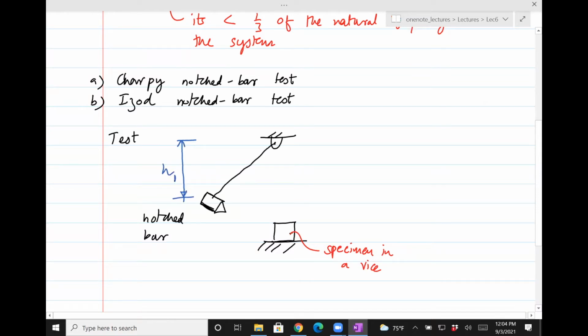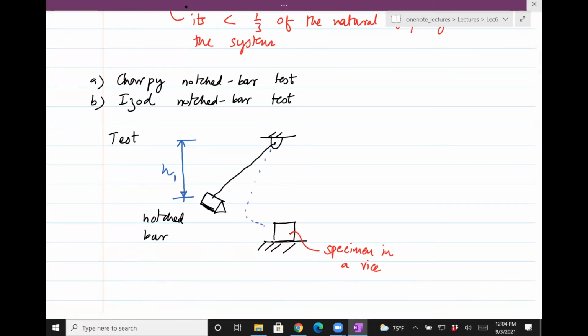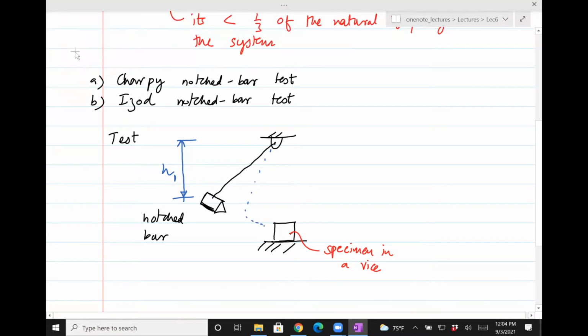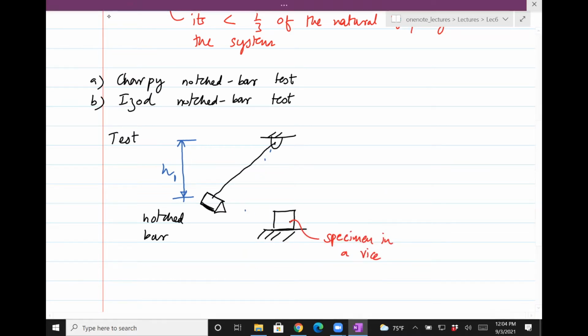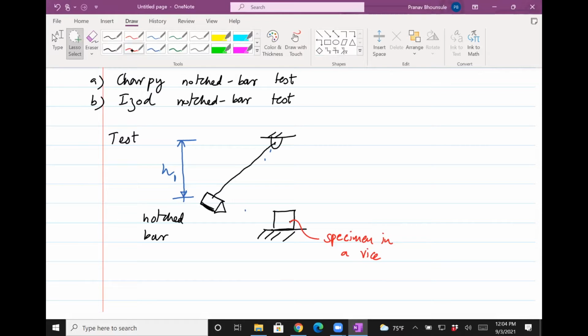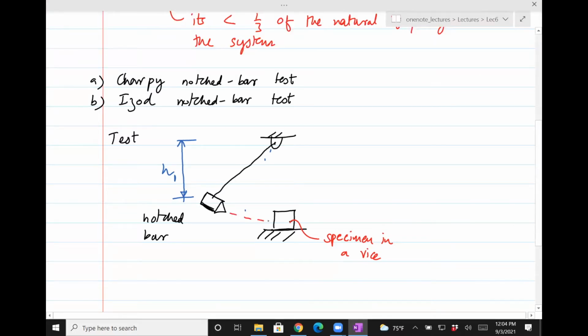Maybe I just misdrew this, I'm going to move it a little up. Okay, so now it's going to hit the specimen. So it hits the specimen, okay?